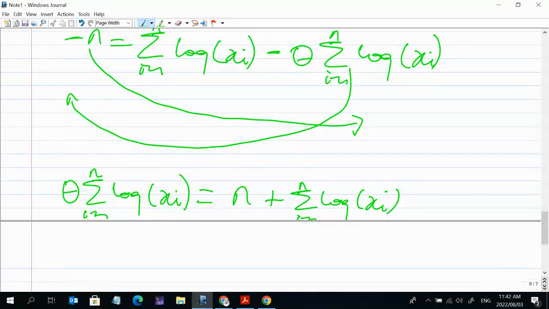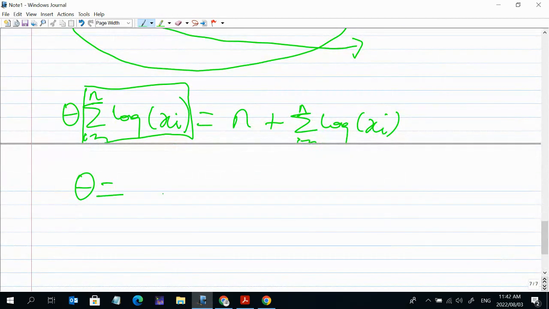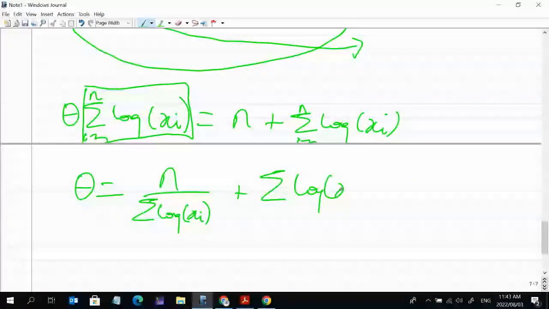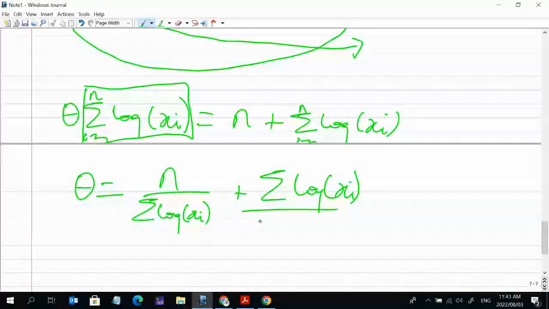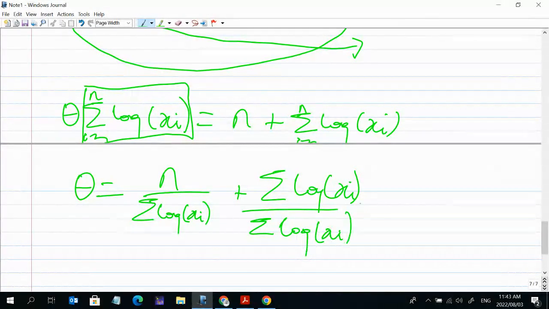So you divide both sides by this expression so that we can have theta as the subject of the formula. When we do that, we have theta equal to n over the summation of the log of xi plus the summation of the log of xi divided by the summation of the log of xi.